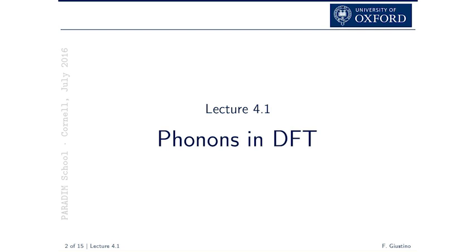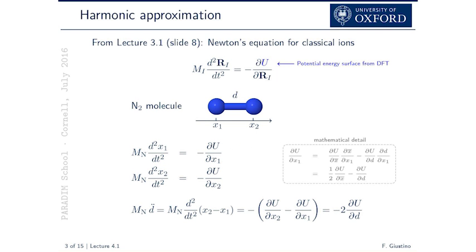So let's start with an example. First of all, how do we define vibrations? Well, we need to think about the dynamics of nuclei or ions. And yesterday we introduced Newton's equation for the atoms. That came from the fact that we first did the Born-Oppenheimer approximation, separating nuclear and electronic degrees of freedom.